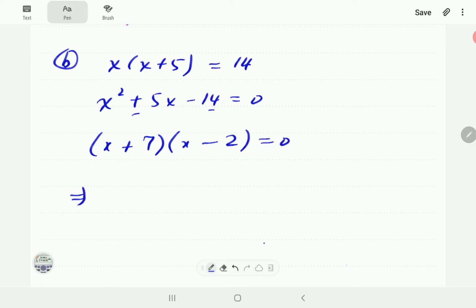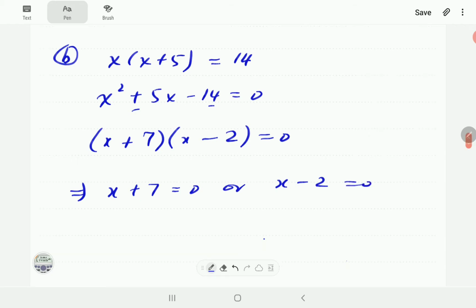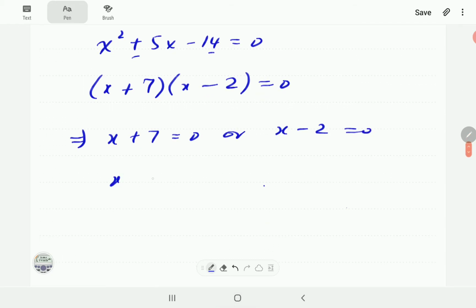Then what this implies is that either x plus 7 is 0 or x minus 2 is 0. So that means either x is negative 7 or x is equal to 2. So those are our two solutions.